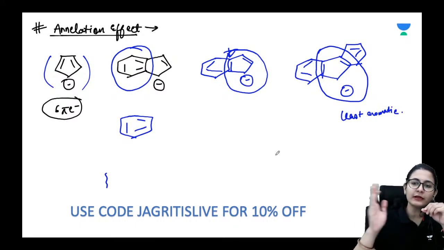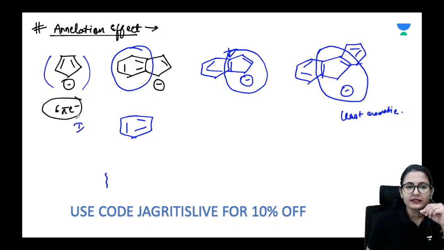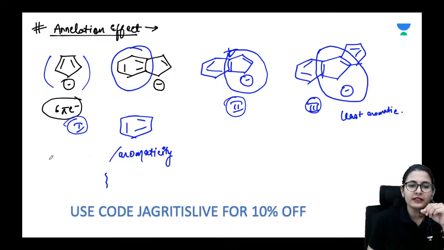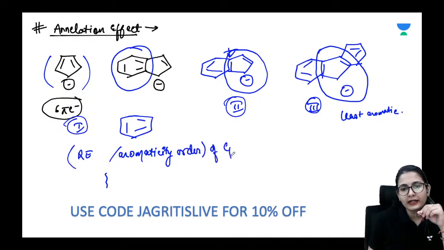Why? Because the double bonds are being shared into two different rings. So I would say this is 1, this is 2, and this is 3. The aromaticity, or resonance energy, order of the cyclopentadienyl ring, Cp minus ring, is 1 greater than 2 greater than 3.